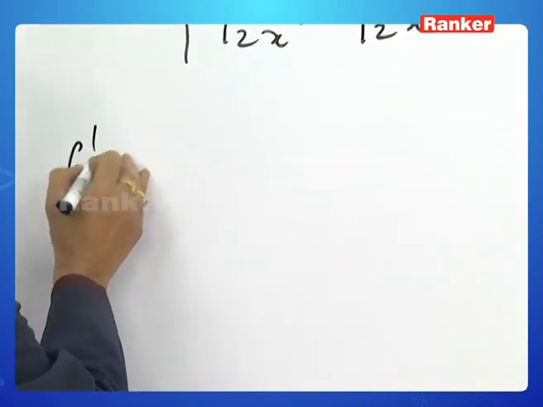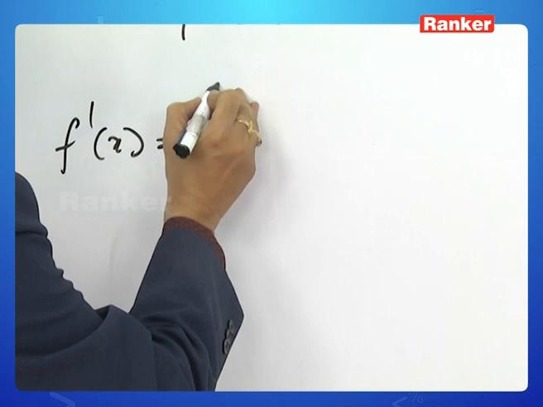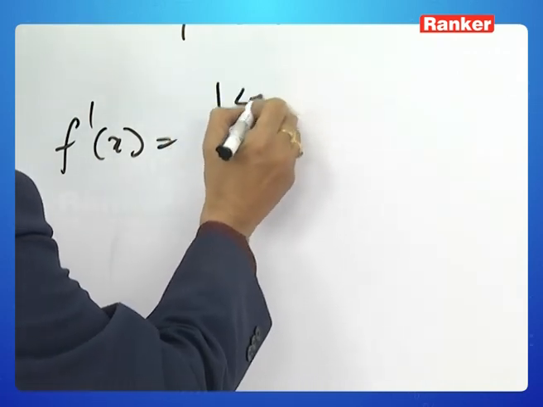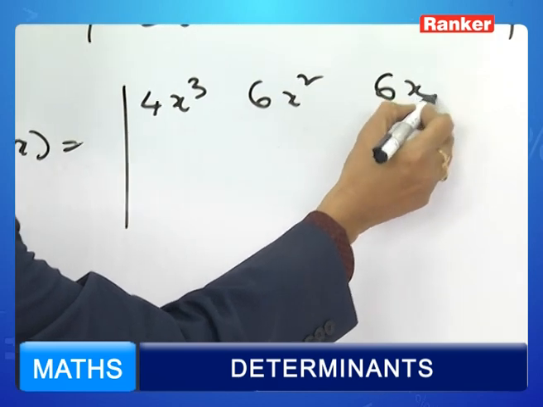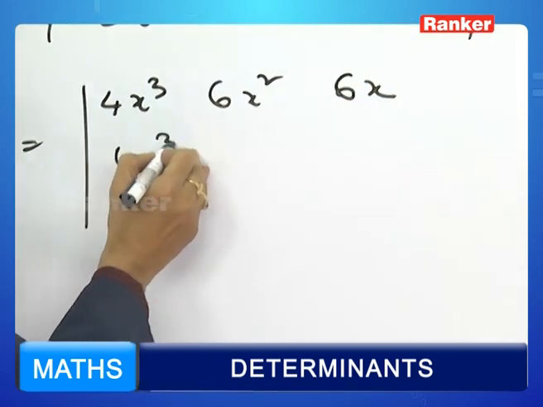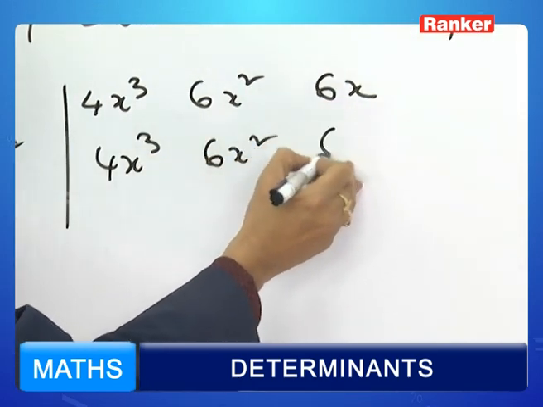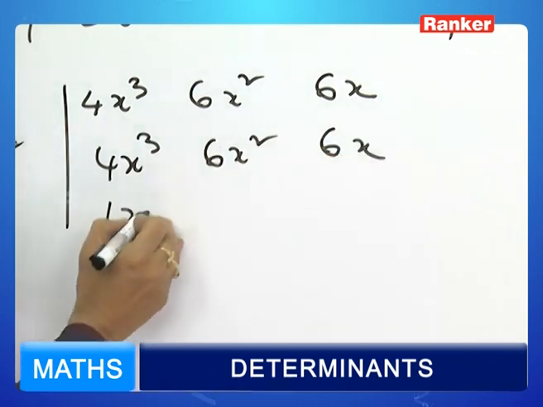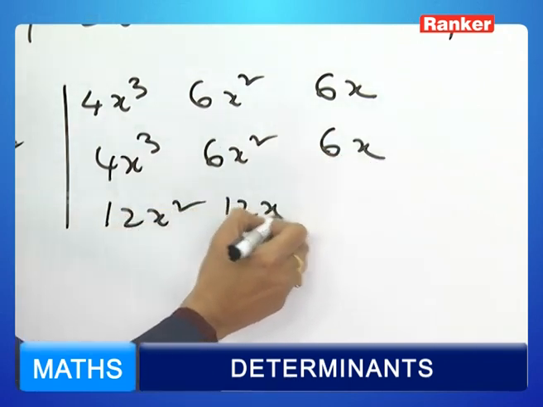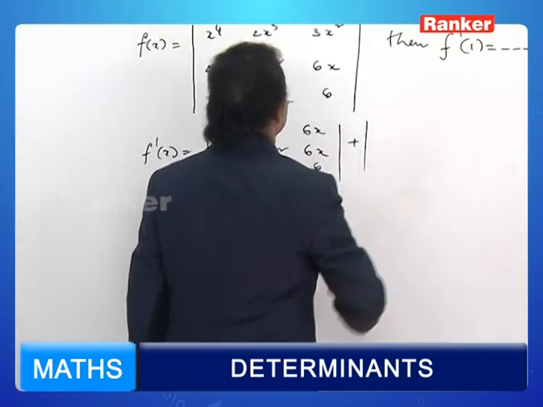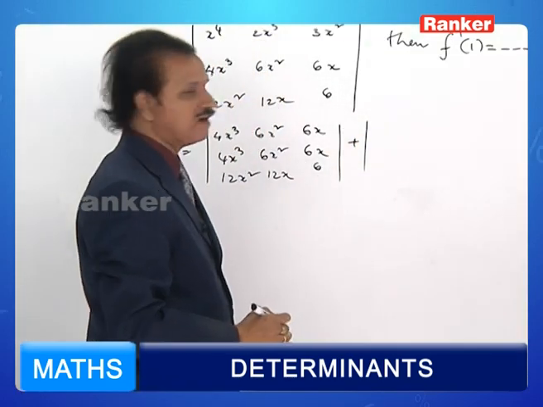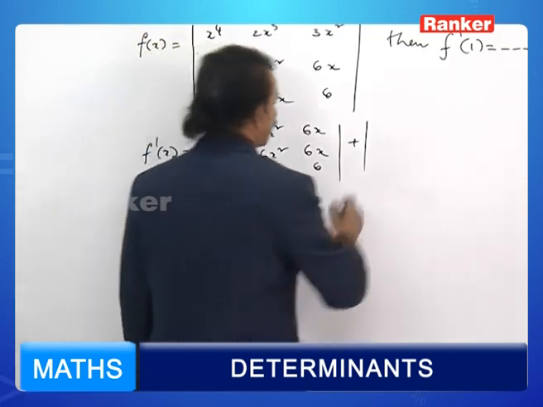F dash x is equal to 4x cube, 6x square, 6x, 4x cube, 6x square, 6x, 12x square, 12x, 6. Plus, now I find the derivatives of the elements of the second row.